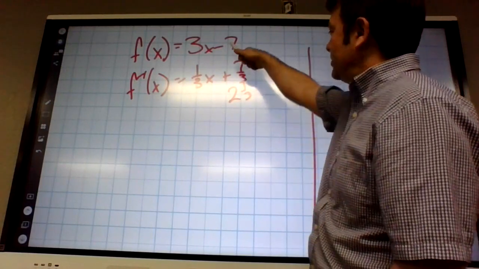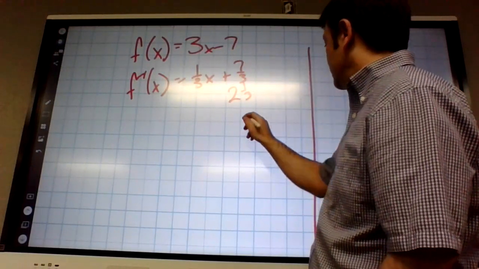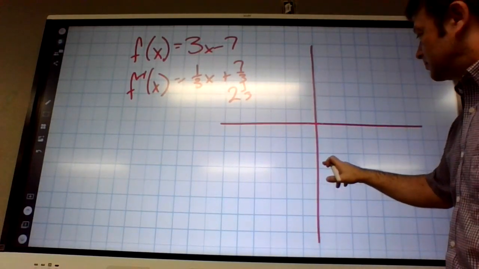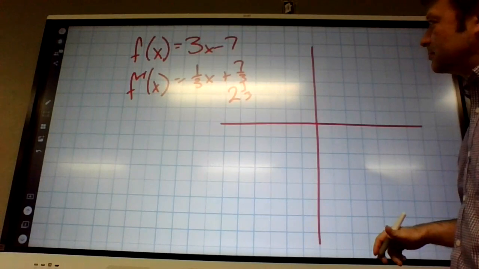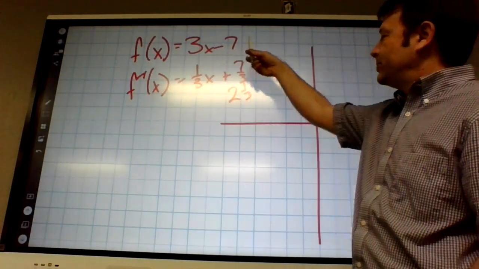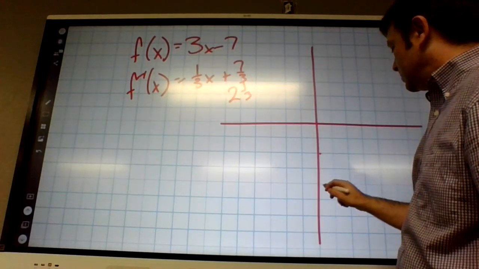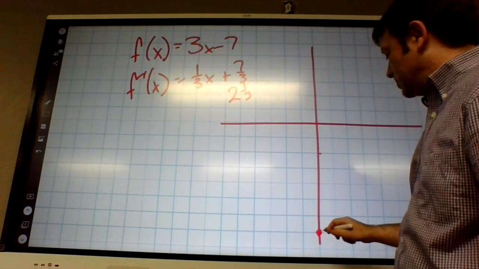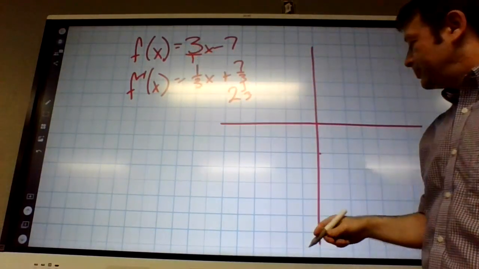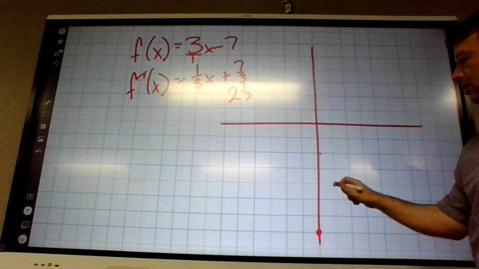It's gonna have to go down to 7. I'm starting with the original function. Go down 7, 1, 2, 3. And then the slope is up 3, right 1.